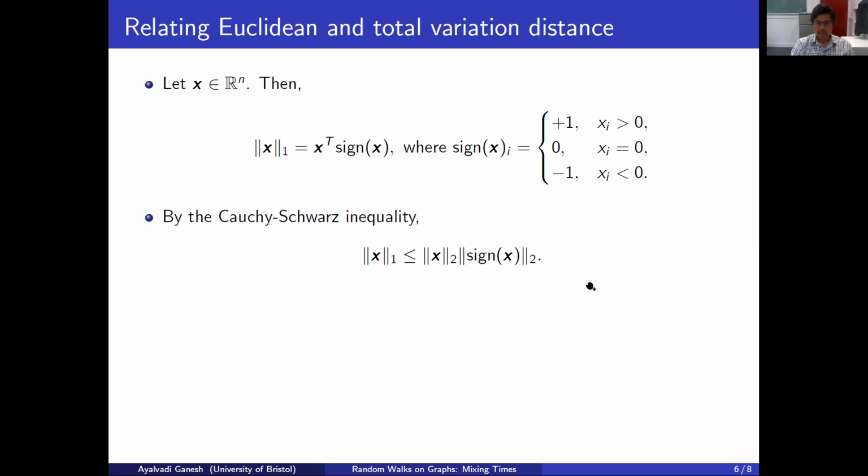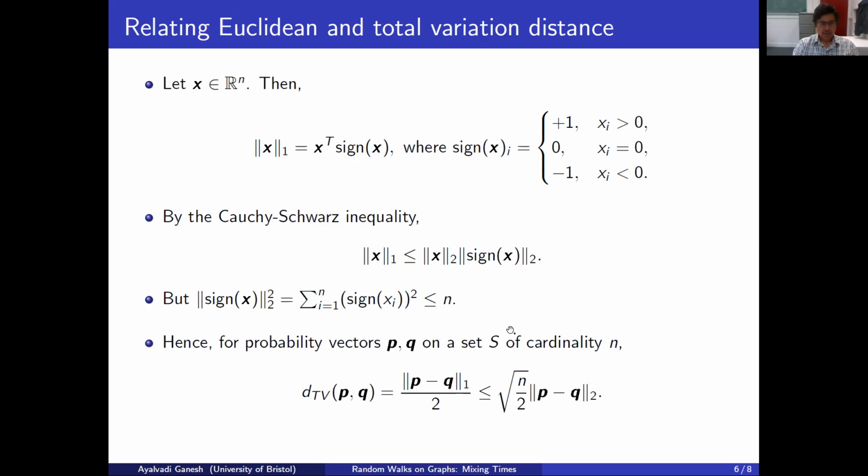And by norm, I mean the Euclidean norm now. So what's the squared Euclidean norm of the sign of x? That's just the sum of the squares of the elements. The elements are +1, 0, or -1, so the square is either 1 or 0, and there are n terms in the sum, so this can be at most n. And it's exactly n if there are no zeros in the vector.